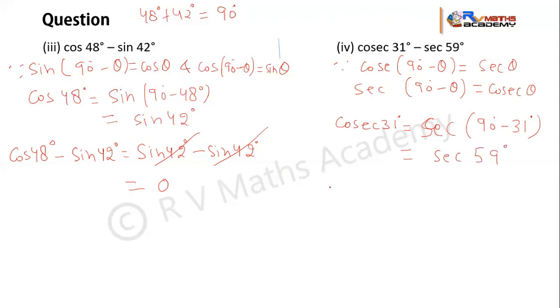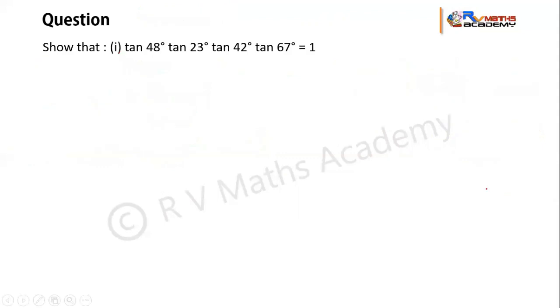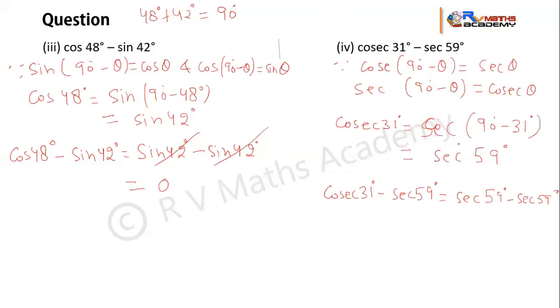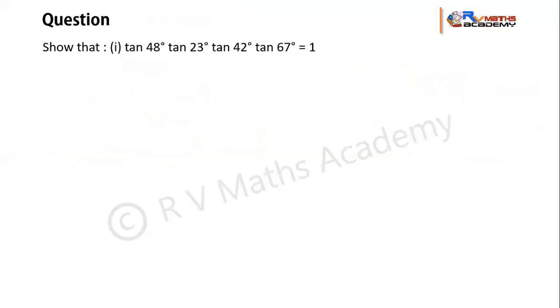Now we will write cosec 31 degree minus sec 59 degree is equal to, now put the value, this is sec 59 degree minus sec 59 degree. Now we cancel out. You will cancel out and you will get the value of this expression as 0.